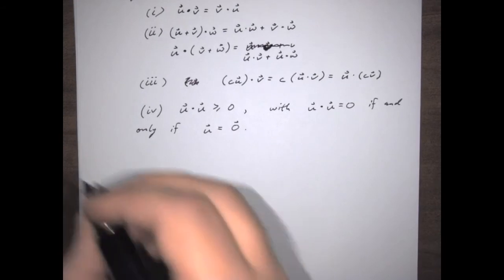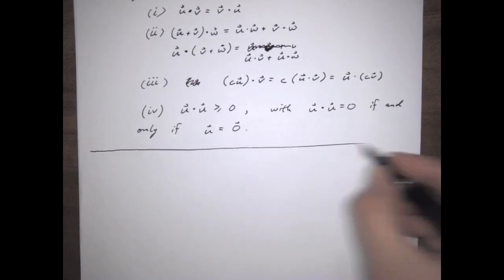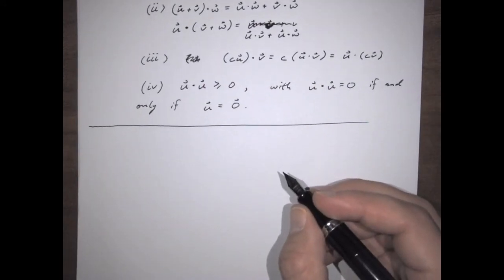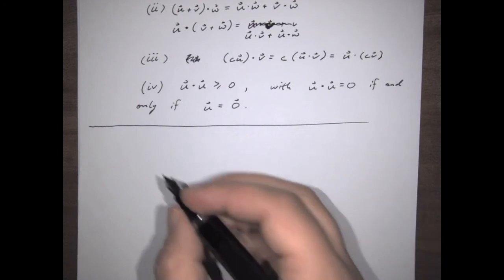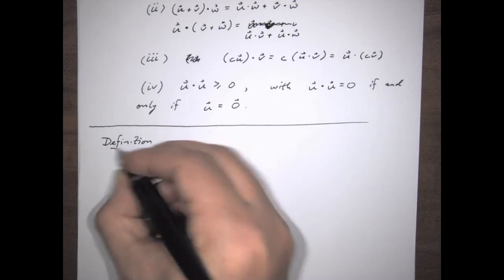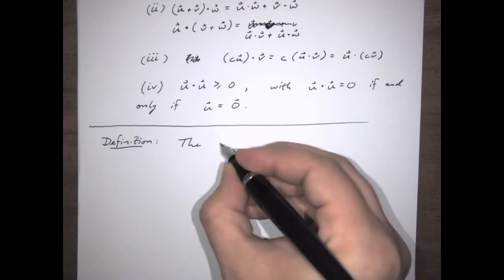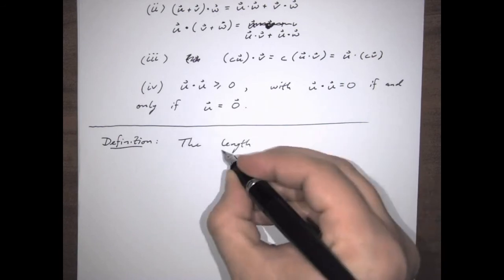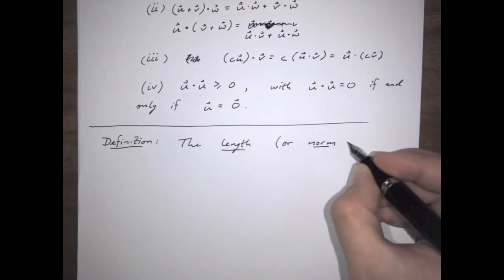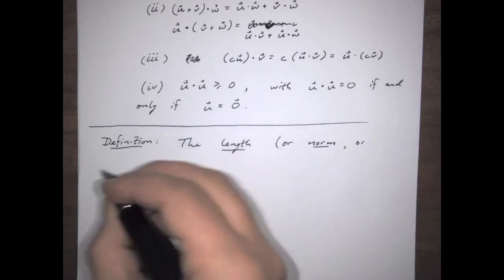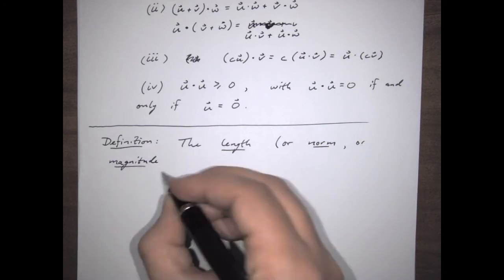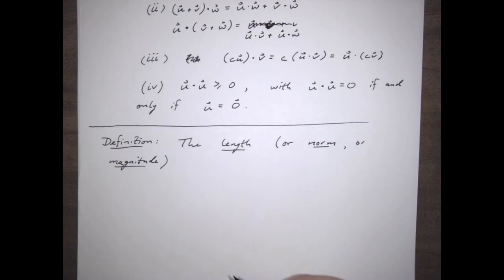Now, because this is a positive scalar, we can take the square root of it. And taking the square root of something along these lines is exactly what you would typically think of as finding a length or a distance. So the definition, the length, or also called the norm, or the magnitude, sometimes even called a modulus, but that's less common.